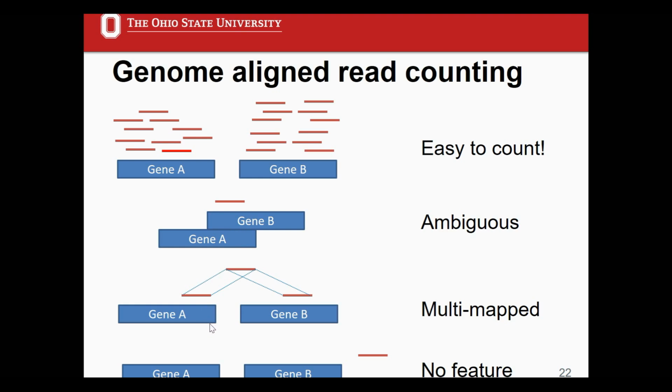There are also situations where one read can map to multiple locations. Those are the multiple mappable reads, or multi-aligned reads. This already happens in the HISAT2 process. So usually what we do is disregard those reads. But some software like RSEM also uses an EM algorithm to calculate the most probable alignment for those multiple mappable reads. Also, some reads align to the intron region, so that's no feature.